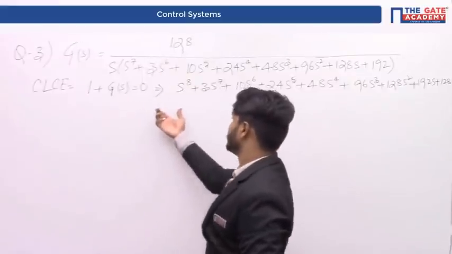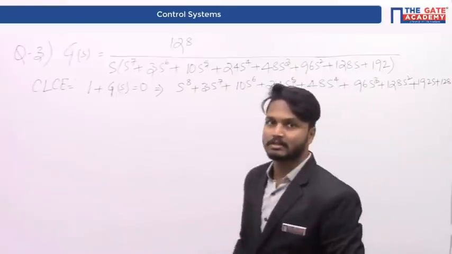This is 1 plus g of s is equal to 0. This is a closed loop characteristic equation.